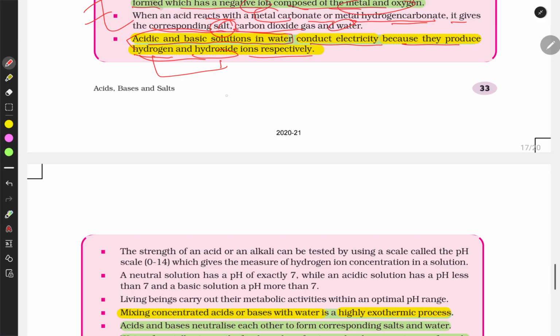Pure water is a non-conductor of electricity. Pure water cannot conduct electricity. Only water that contains acidic and basic character conducts electricity.